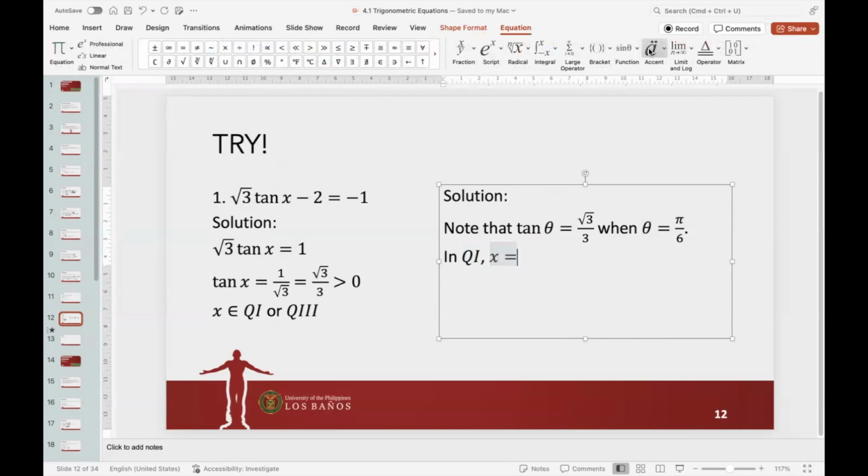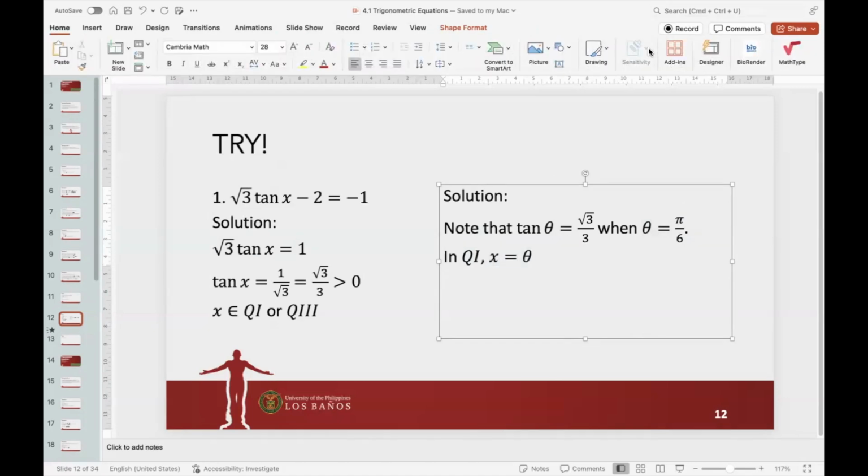So that means the value of your angle here is already your reference angle. So it follows that in the first quadrant, our answer is pi over 6.